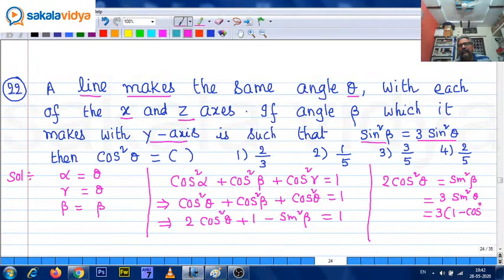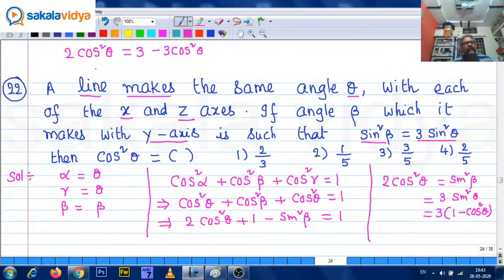This is a trigonometric equation. We just need to solve it, that's all. So let me solve here. 2 cos square theta equals 3 minus 3 cos square theta. Sometimes we need to check numerical errors.